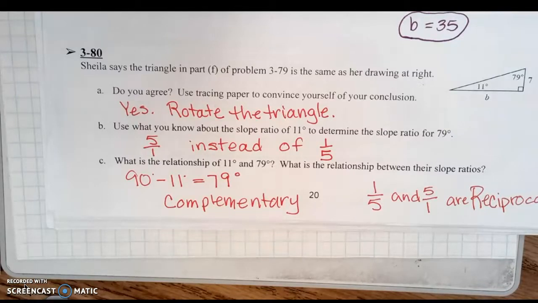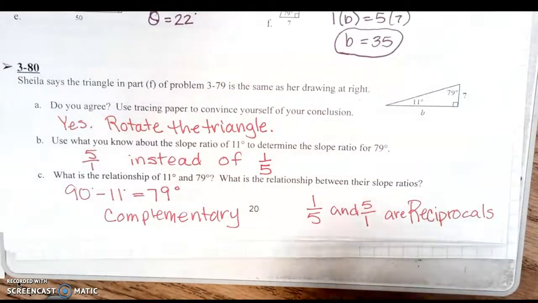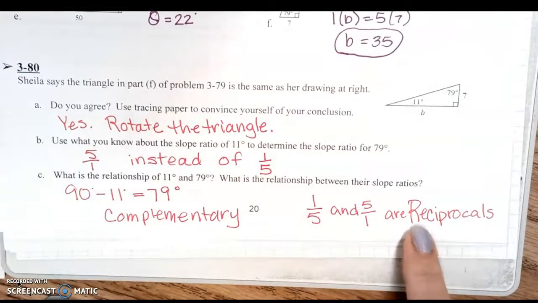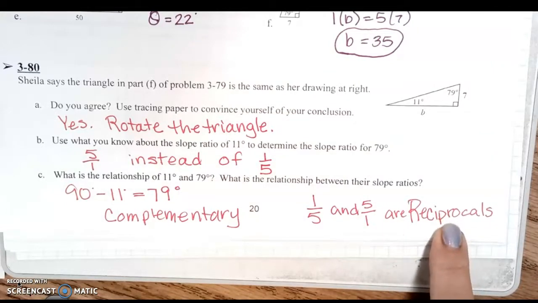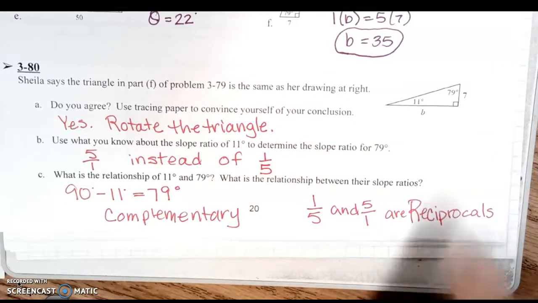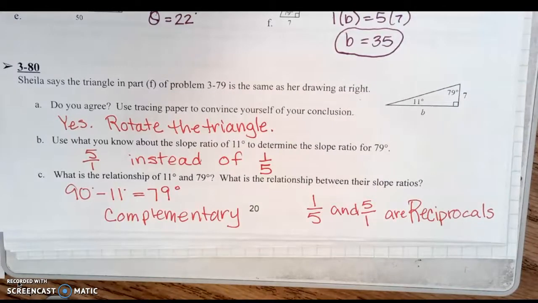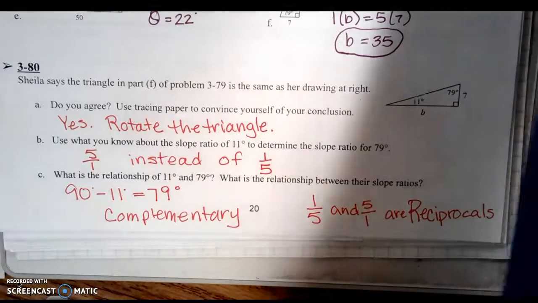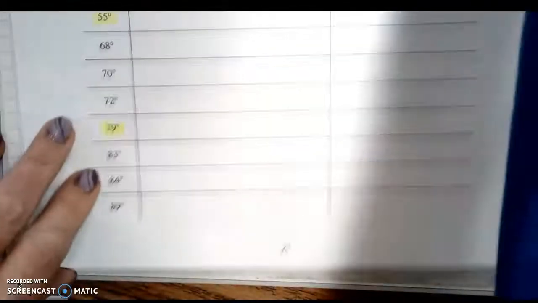And the relationship between their slope ratios is that they are reciprocals, 1/5 and 5/1. Some students like to call that flipping, okay? But the fancy math word is reciprocals, okay? Any questions on 80?